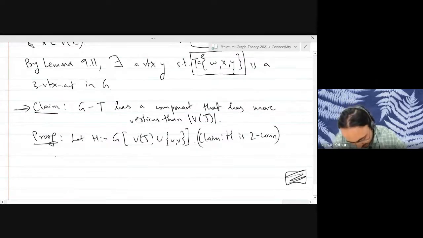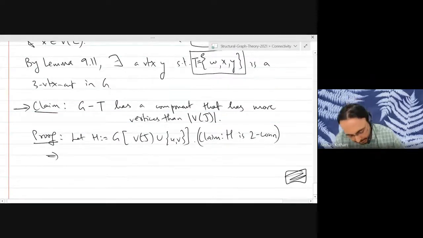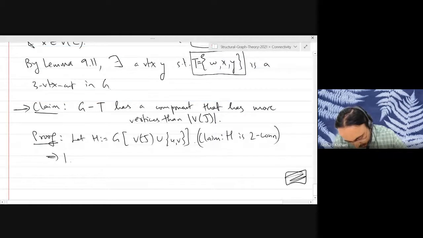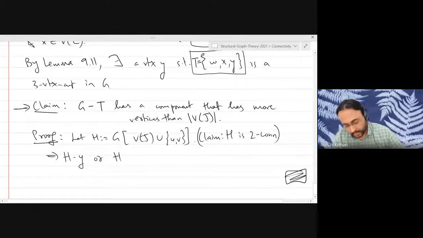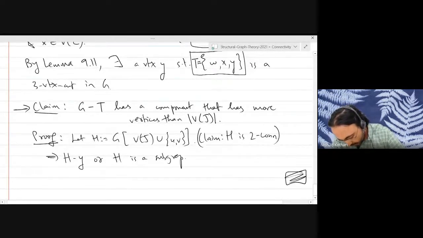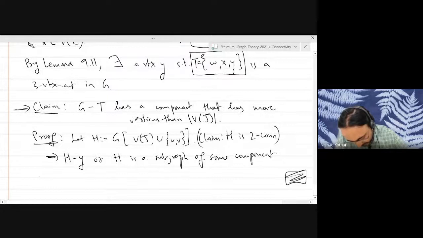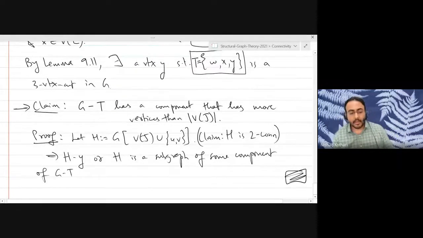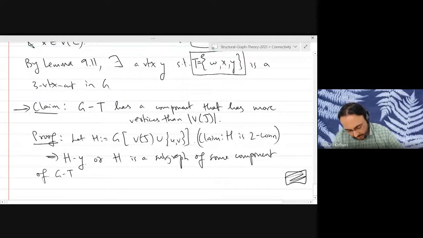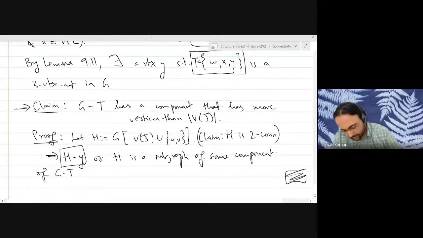This means that H minus Y, or H, is a subgraph of some component of G minus T. I say H minus Y if the vertex Y is in H. If it is not in H, then H itself is a subgraph of some component of G minus T.